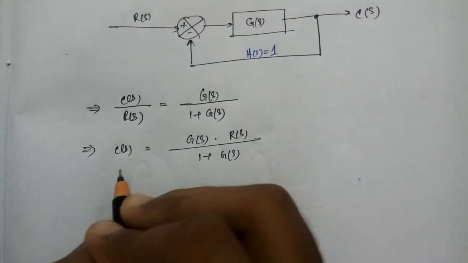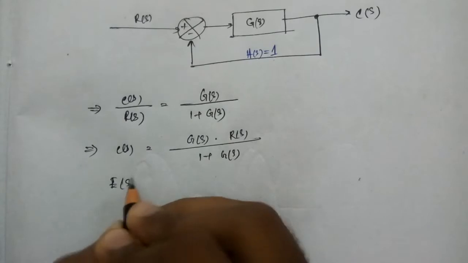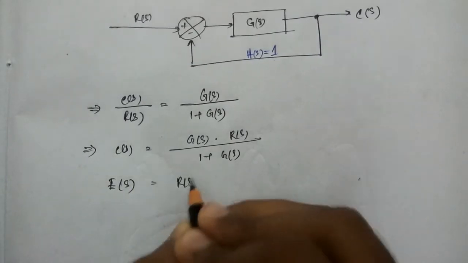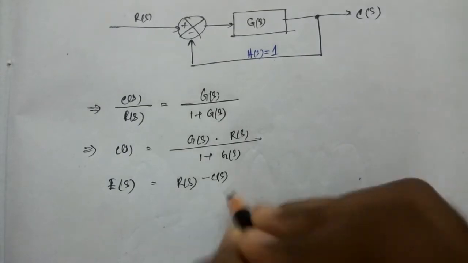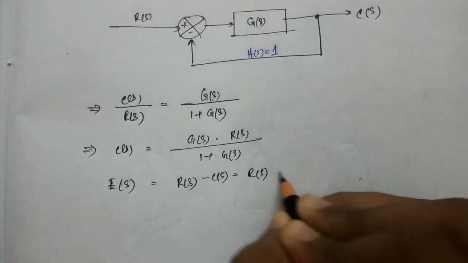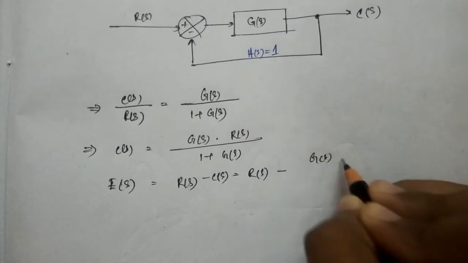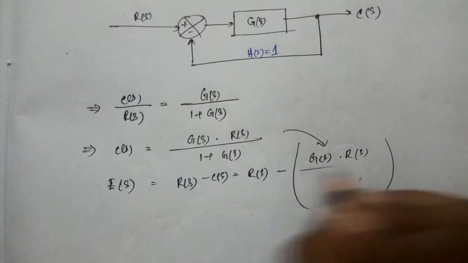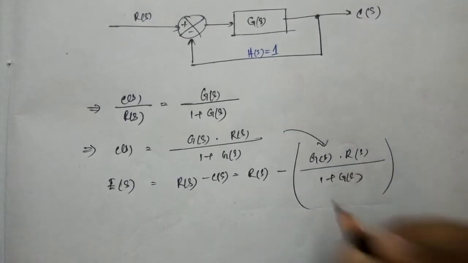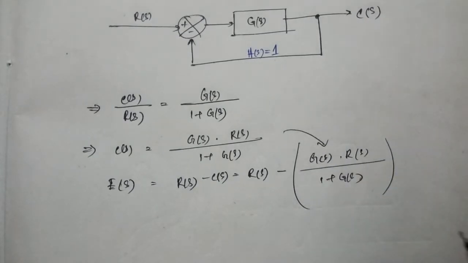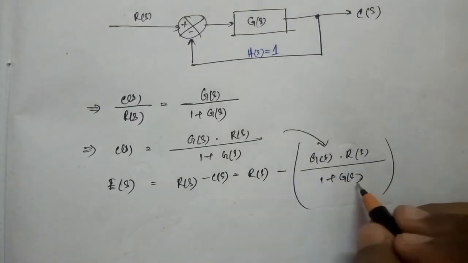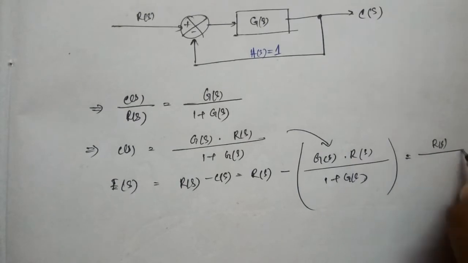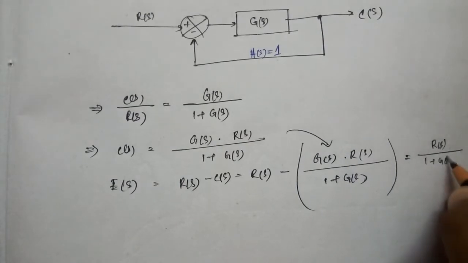Now I can directly put this in the error equation, that is R(s) minus C(s). So R(s) minus C(s) is equal to R(s) minus G(s) into R(s) by 1 plus G(s), I am putting it here. So this will finally give you R(s) by 1 plus G(s).